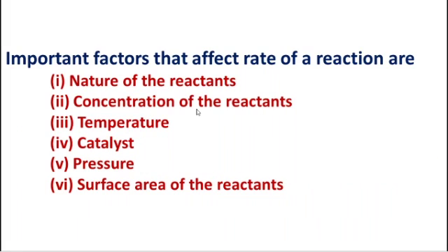What are the important factors that affect the rate of a chemical reaction? The important factors are the nature of the reactants, concentration of the reactants, temperature, catalyst, pressure and surface area of the reactants.